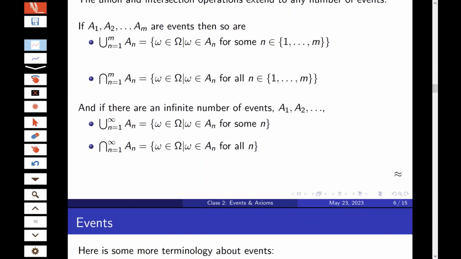Similarly, we can extend the idea of intersection to infinitely many events. This means outcomes in sample space Omega such that omega is in all of these events.